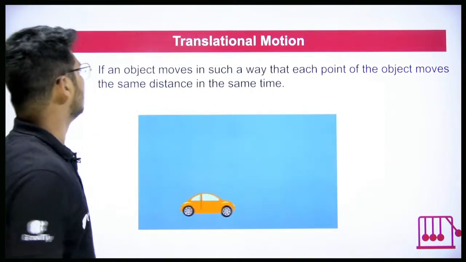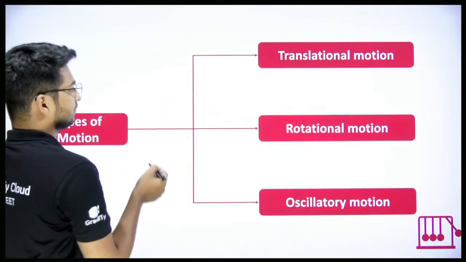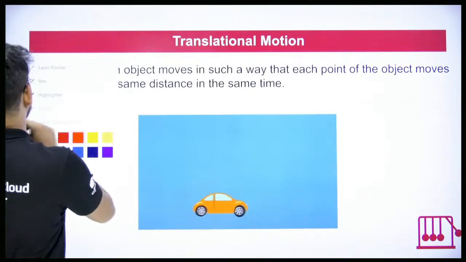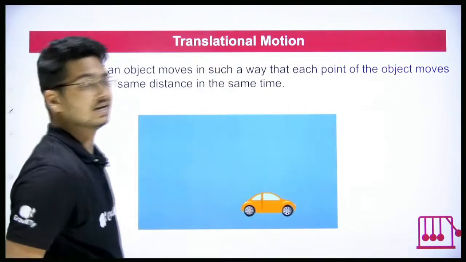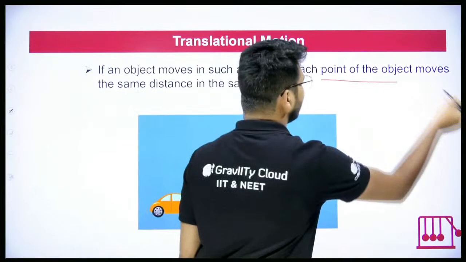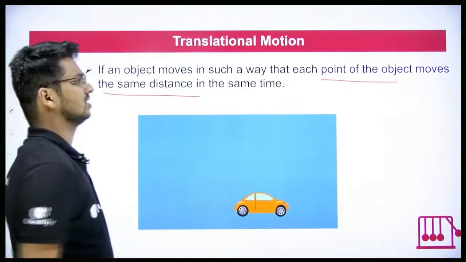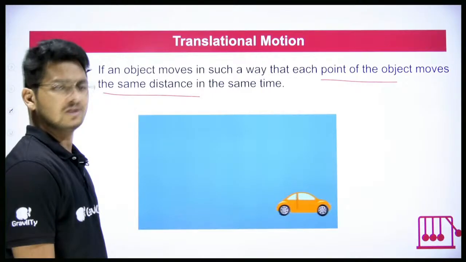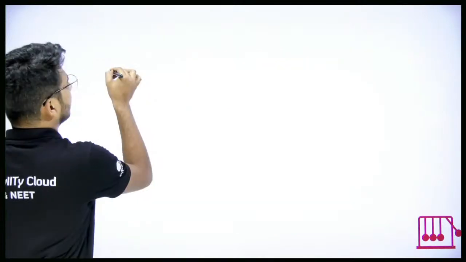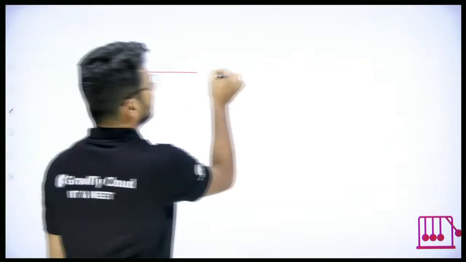If an object moves in such a way that each point of the object moves the same distance in the same time. What does that mean? Let me explain with a very simple example.